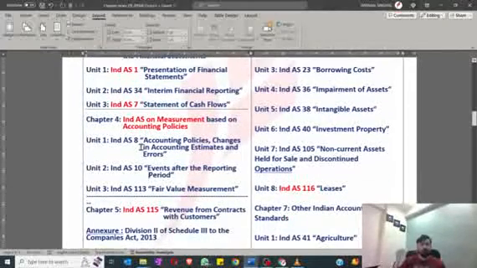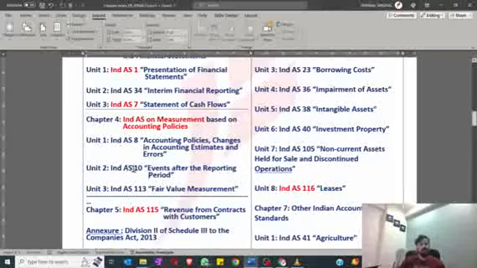Then there is chapter 4, which is on Ind-AS on measurement based on accounting policies. Obviously, the Indian Accounting Standards under this chapter will deal with measurement, which will be based on accounting policies. The first Ind-AS covered here is Ind-AS 8, which talks about accounting policies, changes in accounting estimates, and errors.